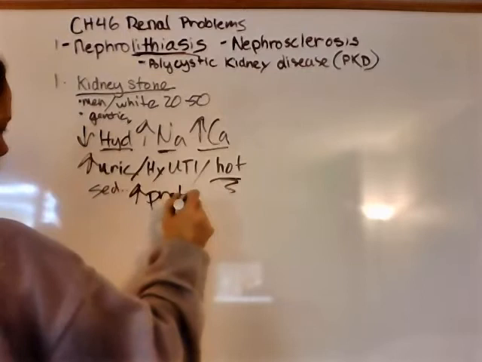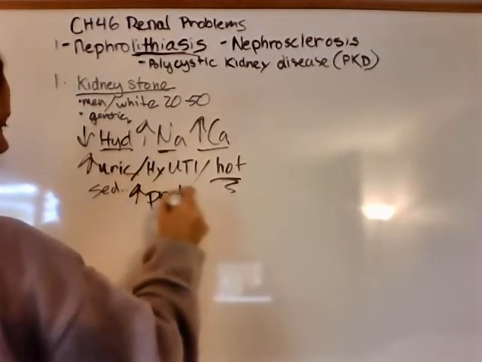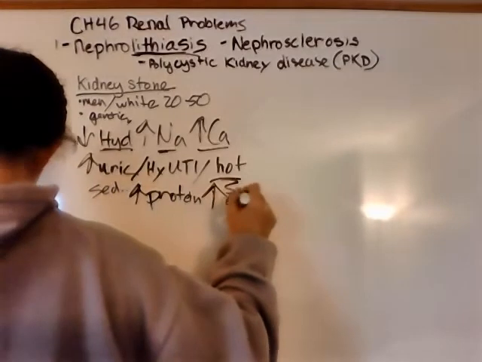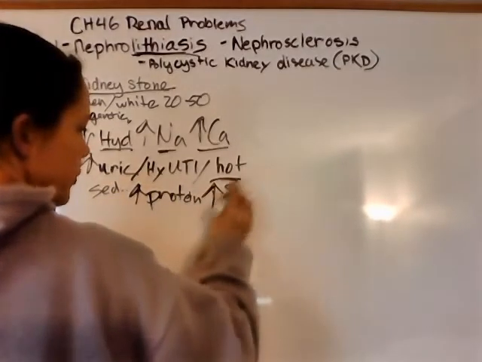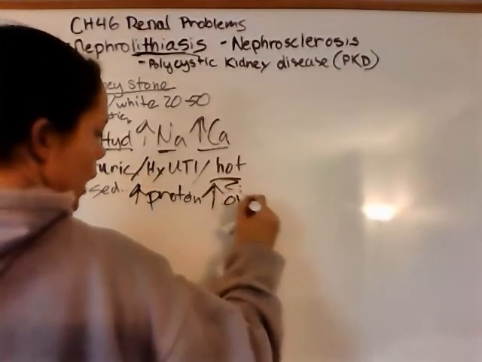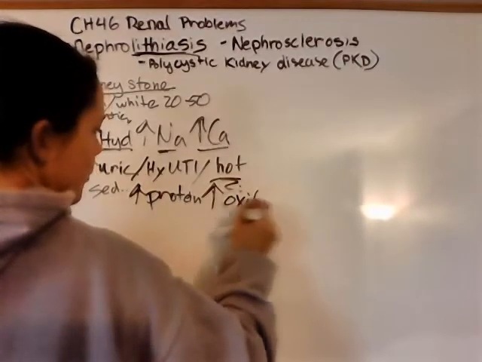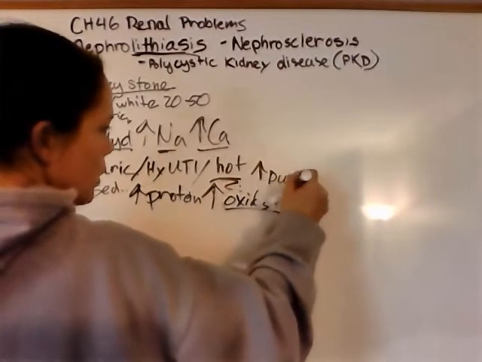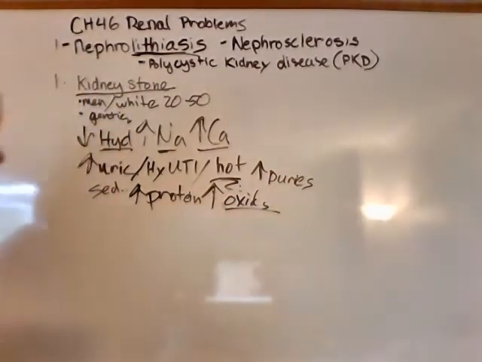But if you remember, uric acid, protein, and high oxide, and high purines. Purines are usually coming from your meats. Oxides are pretty much your green roughage, spinach, cabbage, things like that. Also in chocolate. But those are all things that contribute to stone formation.